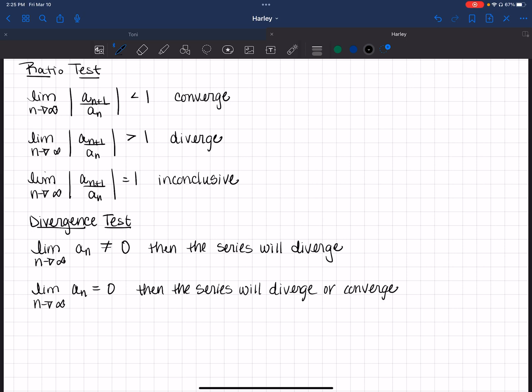Lots of times my calculus peeps start off with the divergence test and they get 0 and want to say it converges, and we can't really say converges because it's still kind of up in the air. Okay, so anyway, that is our divergence test and ratio test.